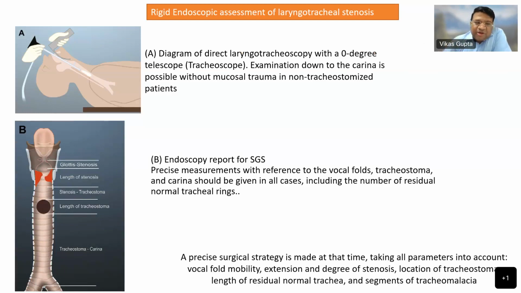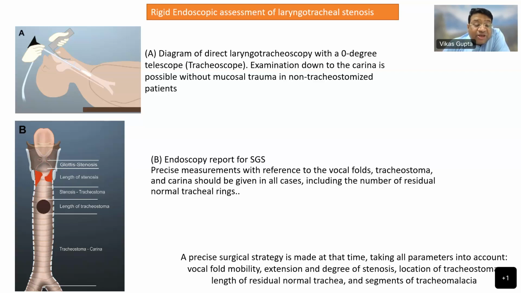With your left hand, if you are a right-handed person, you put in the Macintosh laryngoscope, see the vocal cords, and through the glottic opening you introduce your telescope and examine the whole of the larynx and vocal cord, subglottis, trachea, and go. If the patient is tracheostomized, you can momentarily remove the tracheostomy tube and go up to the carina. So your evaluation should always be from the vocal cord or the supraglottis to the carina.